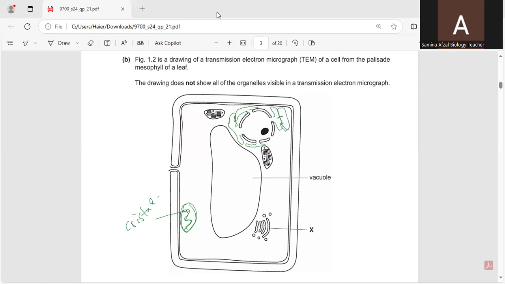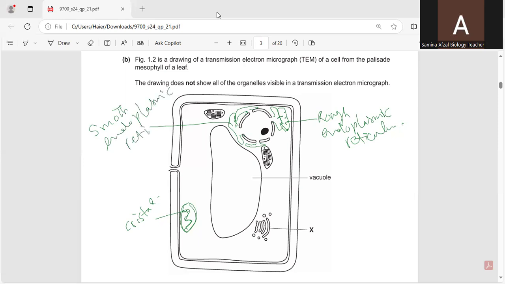If ribosomes are present on them, they are rough endoplasmic reticulum. And if they are without ribosomes, they are smooth endoplasmic reticulum. So in this way, we have drawn all these parts.